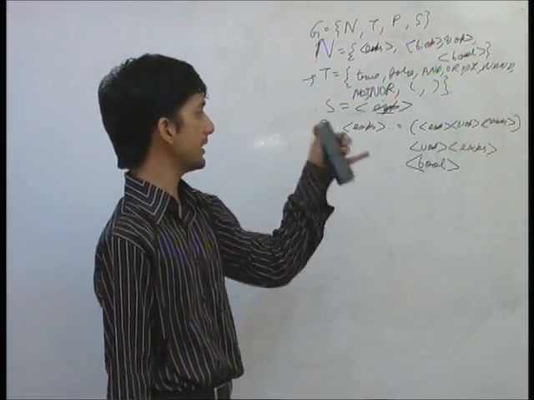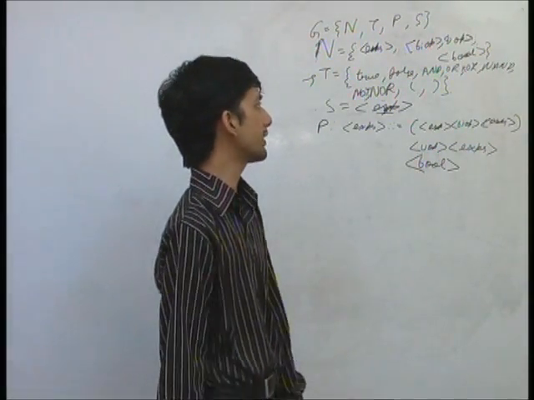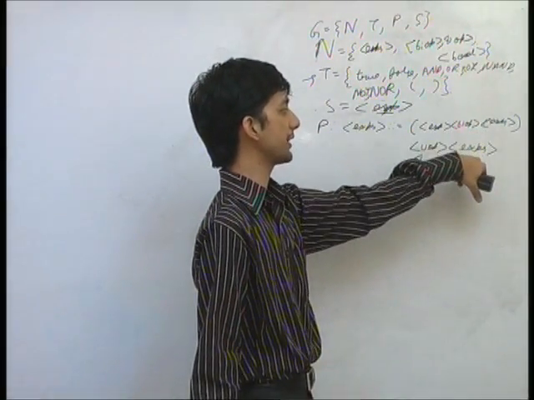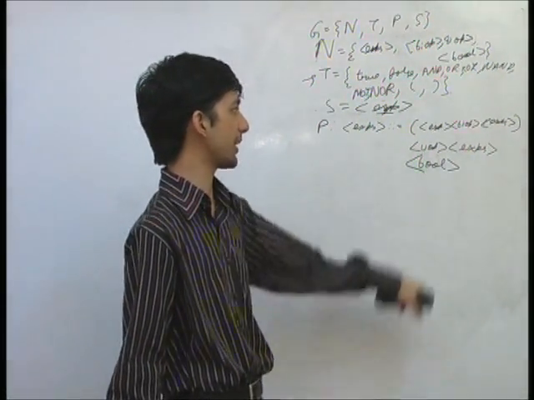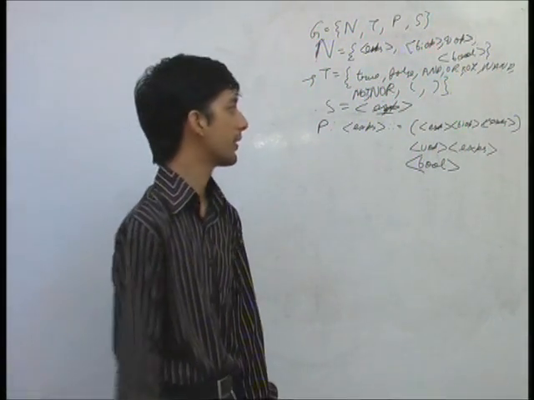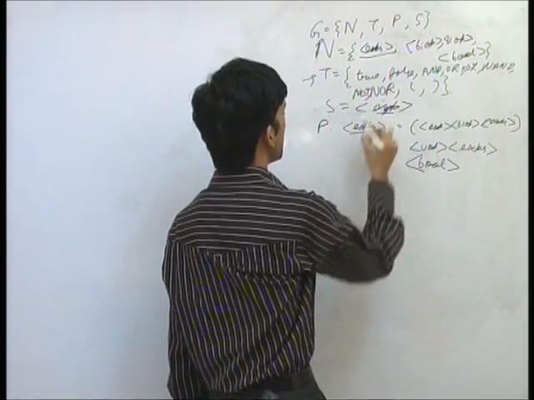So I've broken down the expression using either a binary operator, a unary operator, or I'll just replace it by a Boolean value. This is how my expression broke down.